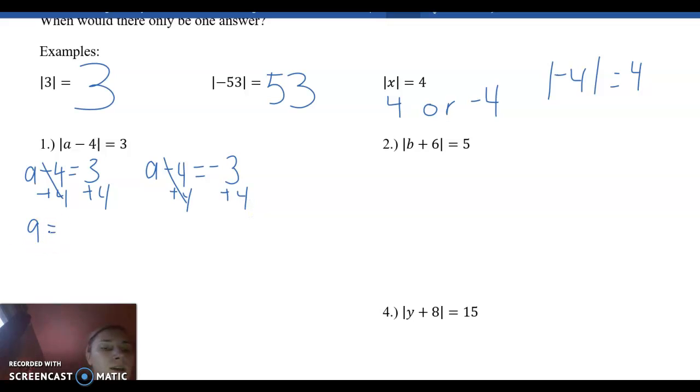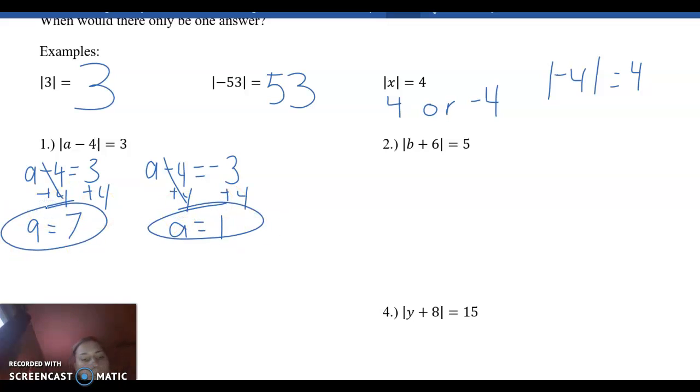This first case, 3 plus 4 is equal to 7. Second case here, a is equal to -3 plus 4, which is 1. So those are our 2 possible solutions, and we can write those as 7 and 1.